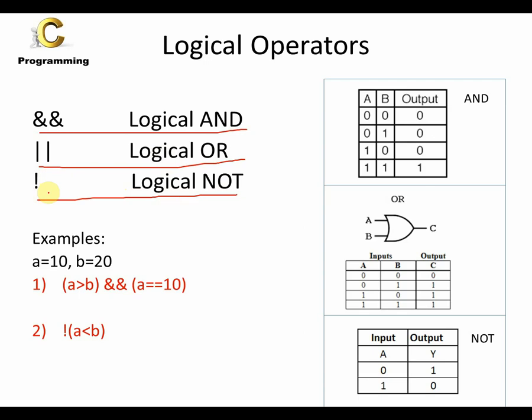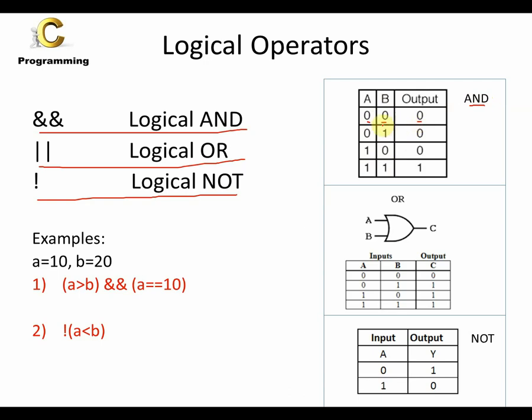Okay, so whenever we say AND, OR and NOT operation, there is something called a truth table associated with this logical AND, OR and NOT. So let's first go through the truth table of the AND operation. Say A is one input and B is another input. If both the inputs are 0, then we get an output of 0.